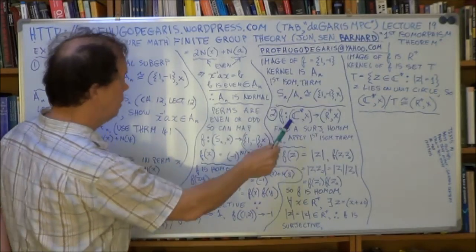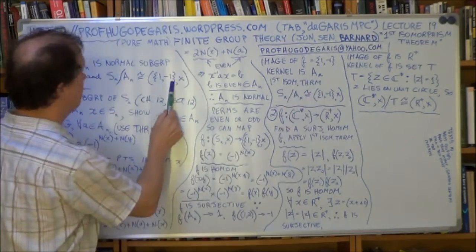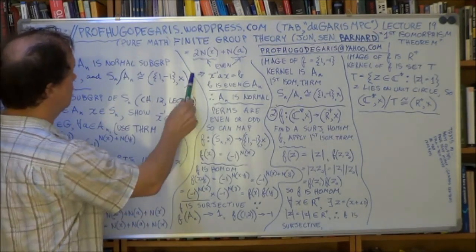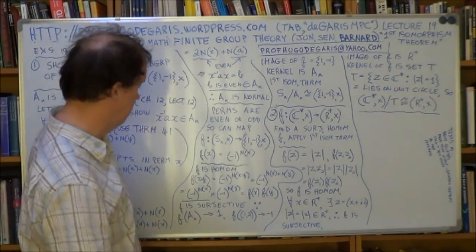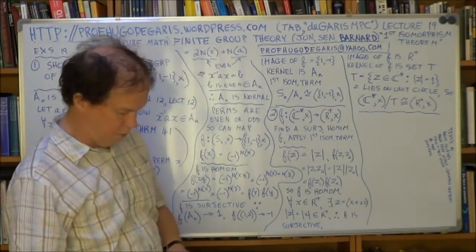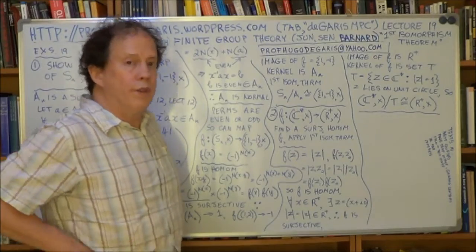And what is the image of your f? Well, it's this set here. Okay, and the binary operation is multiply, so that's your group. Okay, and there it is.